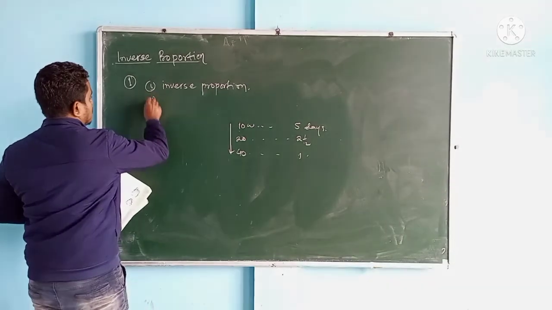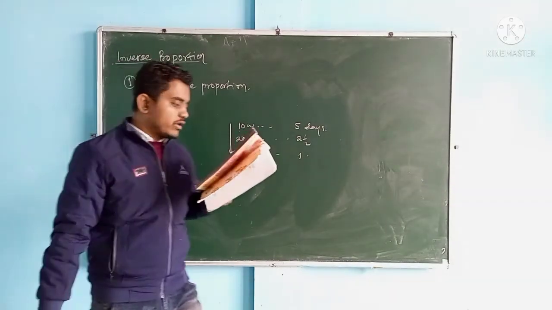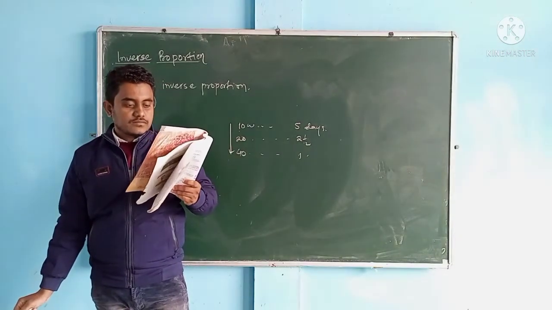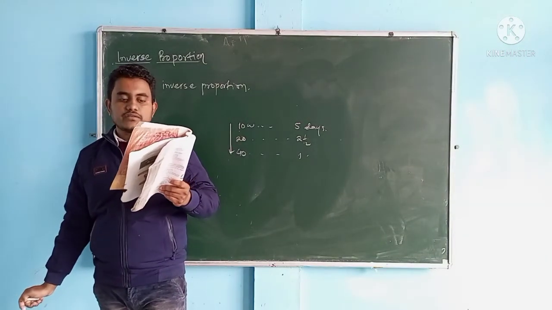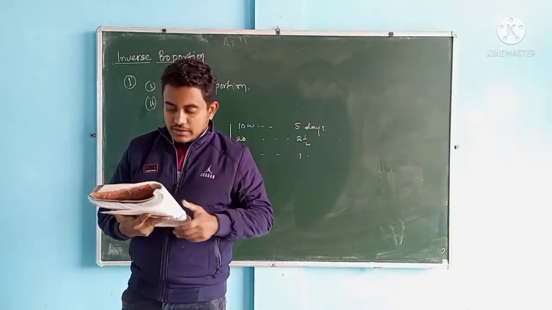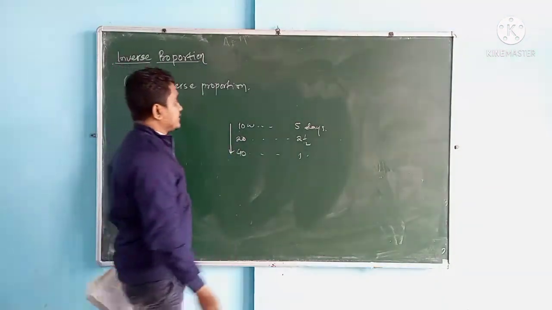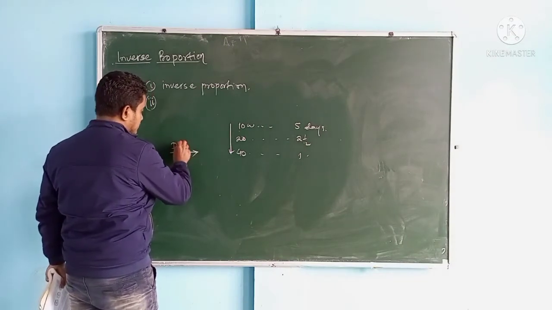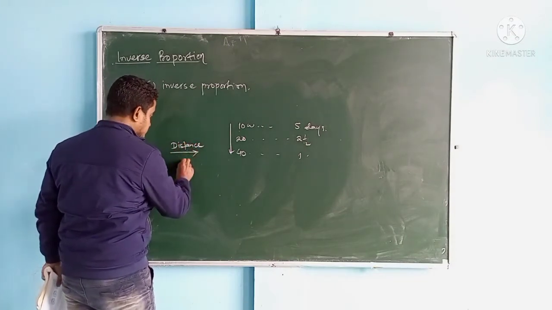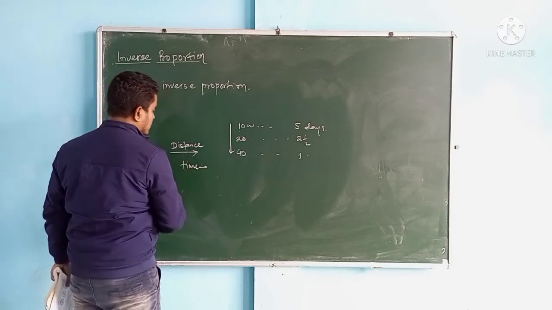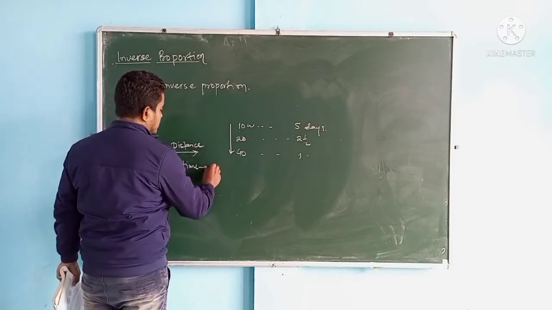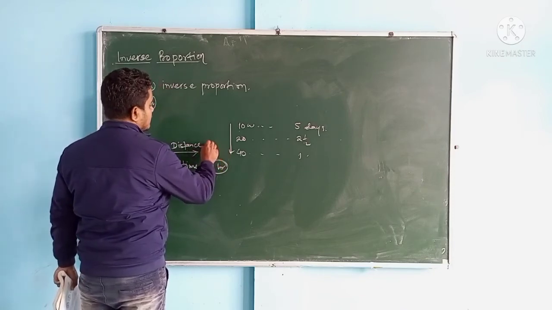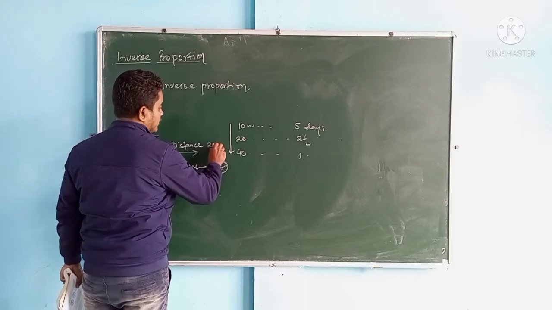Now see the next question. The time taken for a journey and the distance traveled at a uniform speed. For example, in 1 hour, a car can travel 20 kilometers.